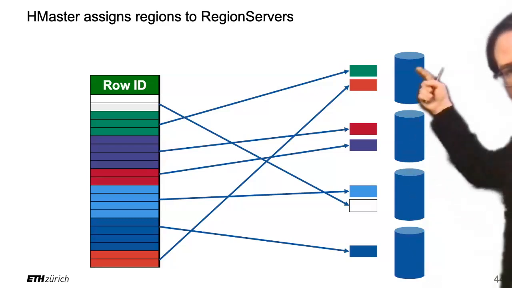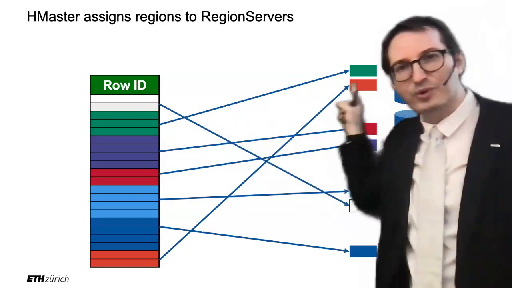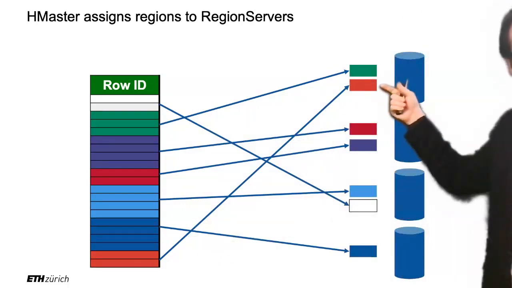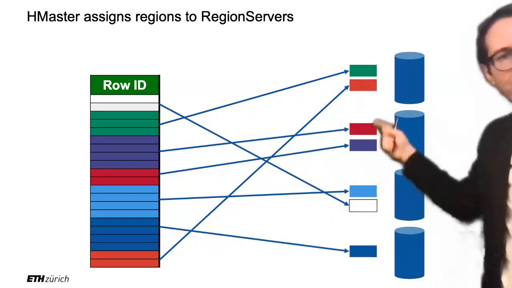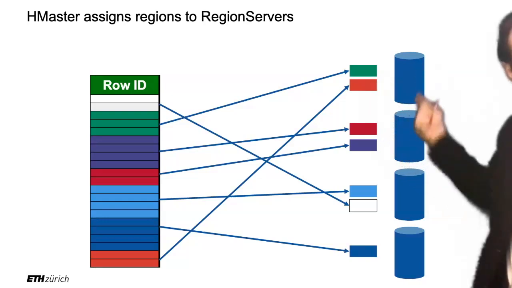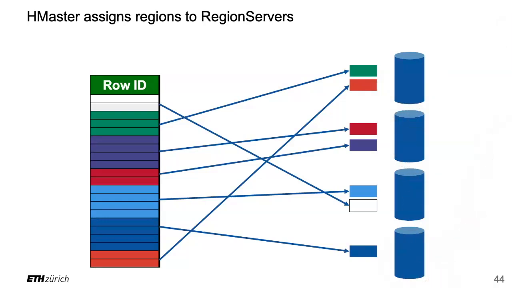Here I put 4 region servers as an example, and every region server is assigned multiple regions. On my slide I just put 2 of them. In practice, that can easily be 1,000 regions on each server, just like you can have thousands of blocks on the same data node in HDFS.